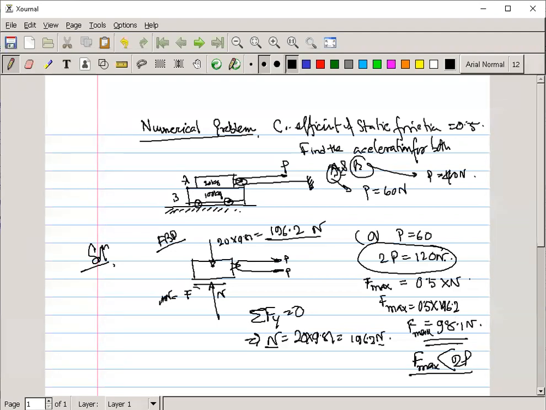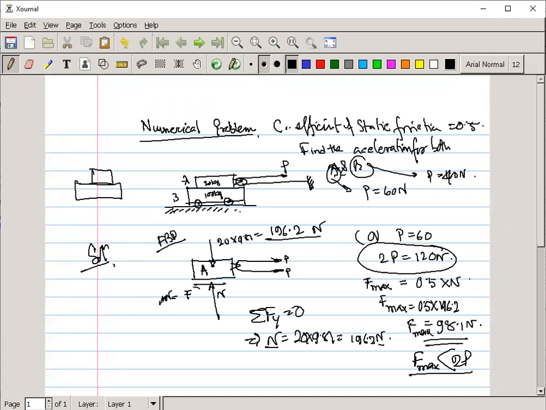That is, when we apply 60 Newton force, you can see this force value is more than the maximum frictional force. What does it mean? It means that body A is slipping. Between these two bodies, A and B, a slipping action occurs.